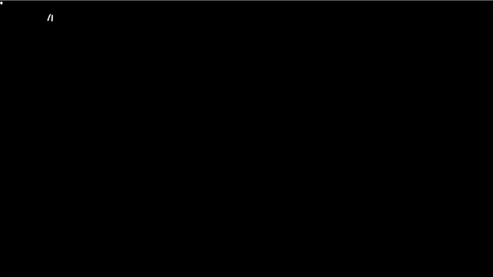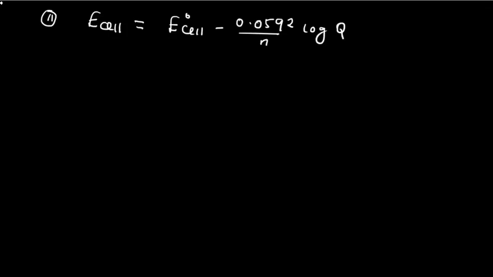So question number 2, the Nernst equation states that Ecell is equal to the standard Ecell potential minus 0.0592 over n log Q. So this is the equation that we need to use.